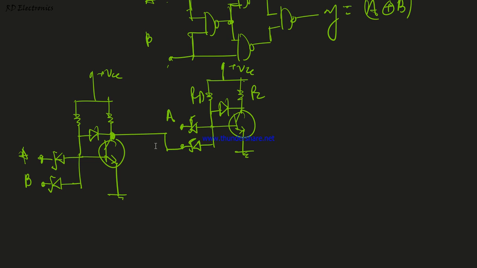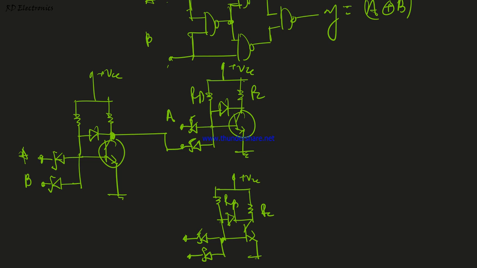Okay. Now in the bottom part, again we draw another NAND gate, built in the IC. But today CMOS technology and TTL technology are used.